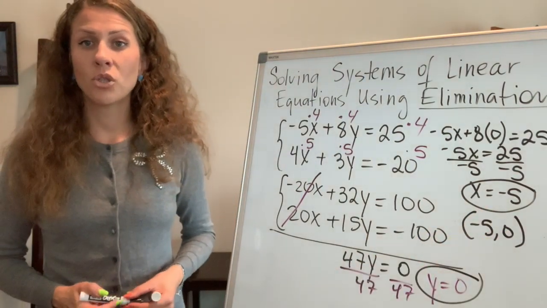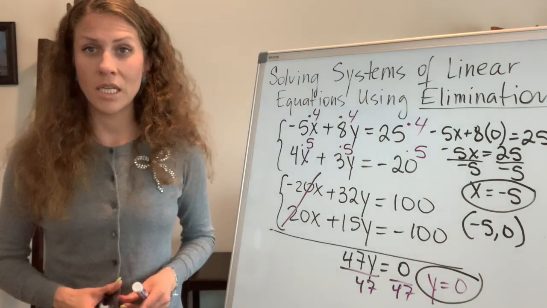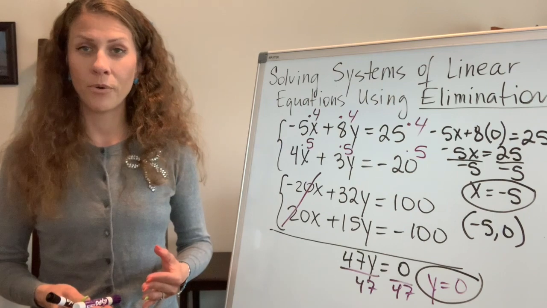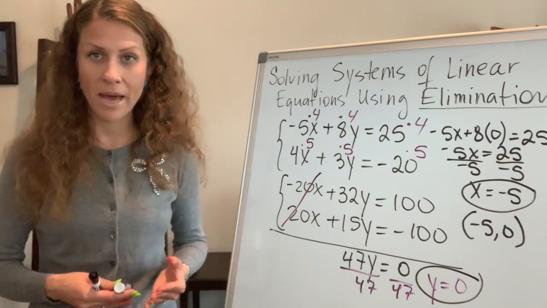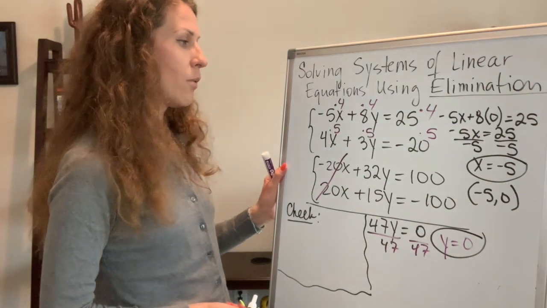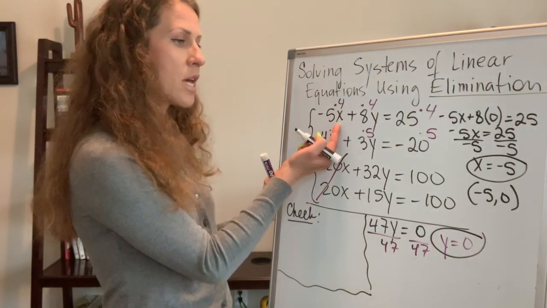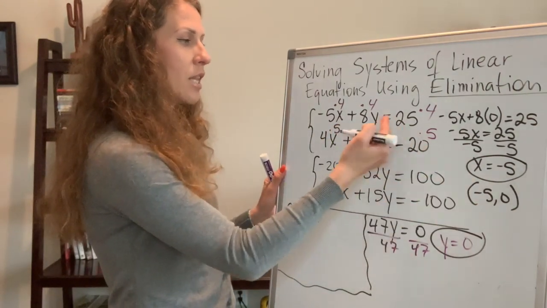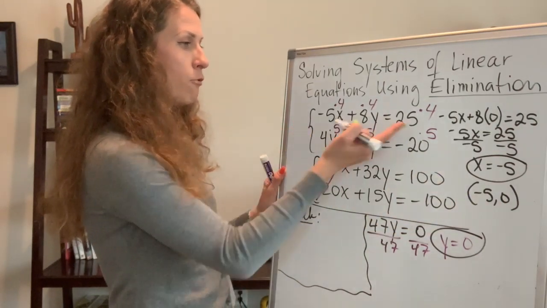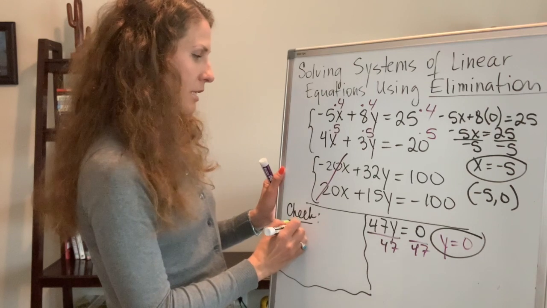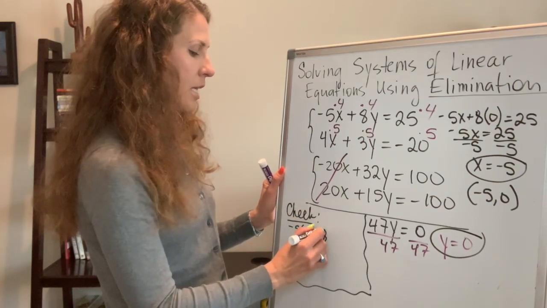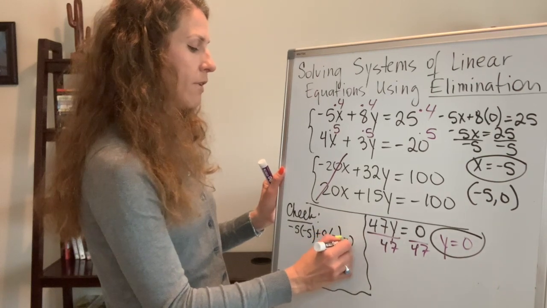What's left is to check this work and see if negative 5 and 0 work for both of the equations if you plug them back in. So let's see. For the first equation, I will replace x with negative 5 and y with 0. So that will create the following statement for me. Negative 5 times negative 5 plus 8 times 0 equals 25.